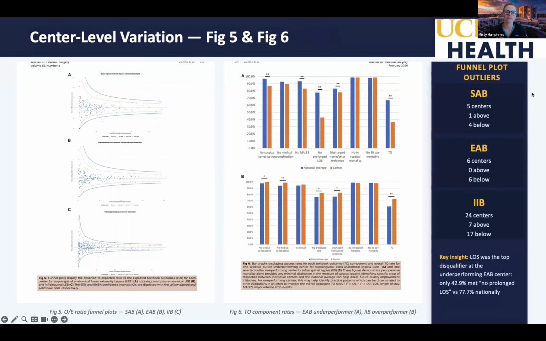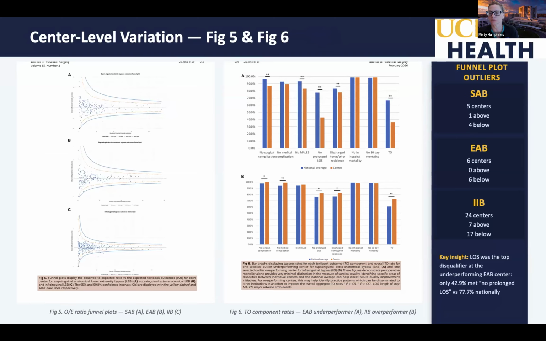They also looked at center level variation. And so the funnel plots over here identified these outliers. For suprainguinal anatomic bypass, there were 4 or 5 outliers, 1 above and 4 below the observed versus expected ratios, and then extra anatomic and infrainguinal.